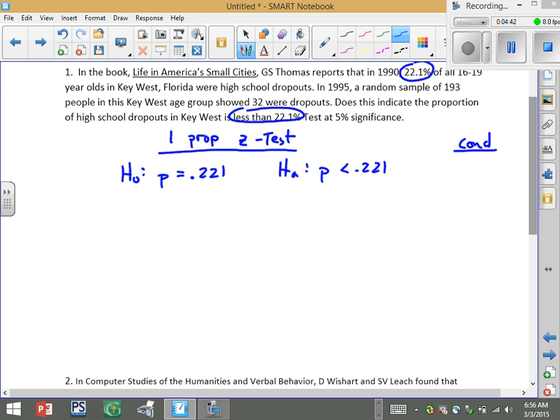So here's a one-tailed test. First off, random is given. We need more than our sample size, a random sample of 193. So we need more than 1930 people in Key West.